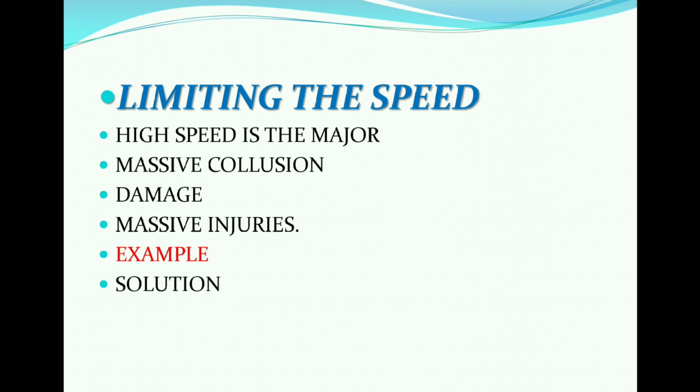So high speed is the major cause for the death causing accidents, and massive collisions and damages are caused because of the high speeds, and massive injuries, I think, because there is only one thing in my mind, that is accidents from high speed, right? So I just note down all the words related to accidents only, and then I can add one example, and I also can give some solutions if I have. I try to cover this many points in body paragraph 1 for the essay, right?